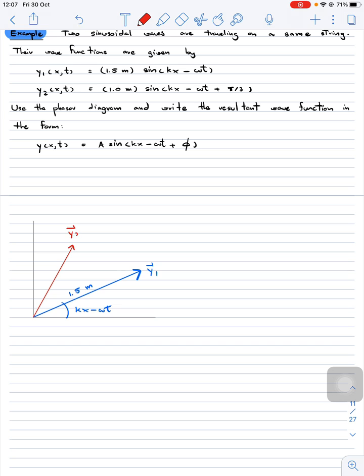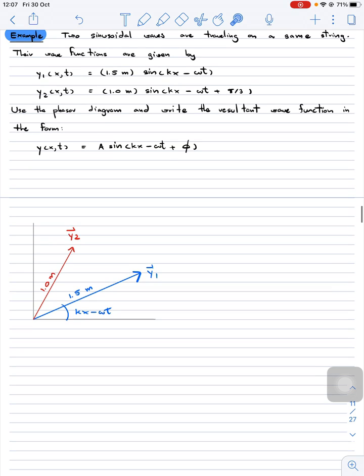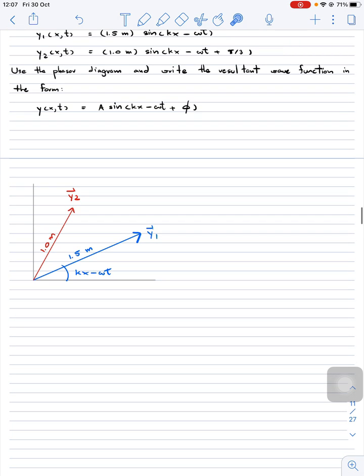This is y2, with a length of 1.0 meter, and the phase is kx minus omega t plus pi over 3. We have kx minus omega t here already, so this should be the pi over 3.